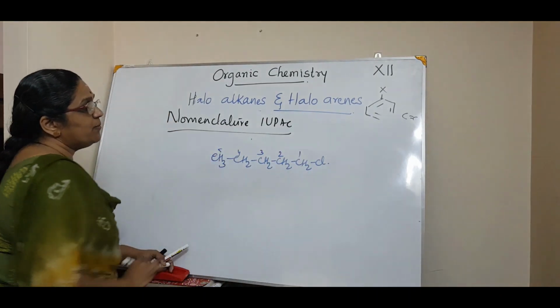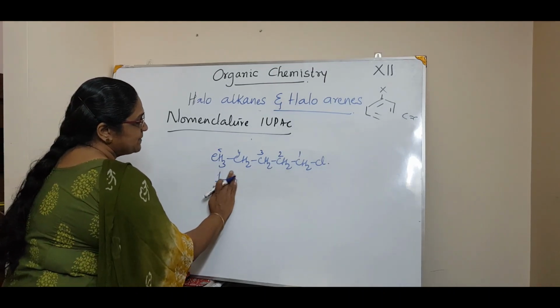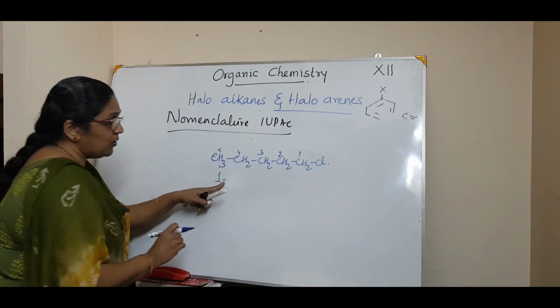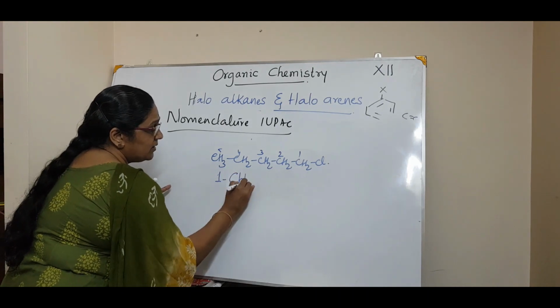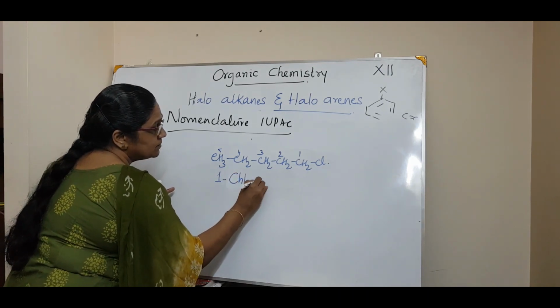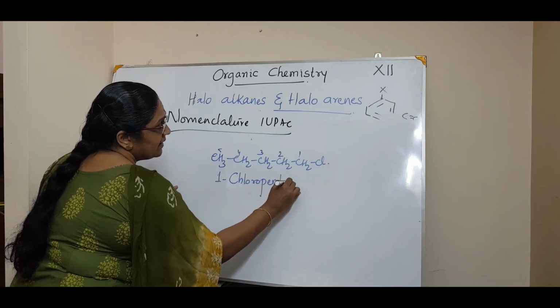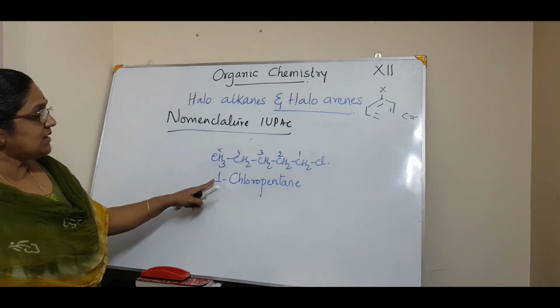So it will be 1-chloro, C must be capital. You have to be very careful how you write this. So 1 hyphen chloro, then 1, 2, 3, 4, 5, what is it? Pentane. 1-chloropentane.